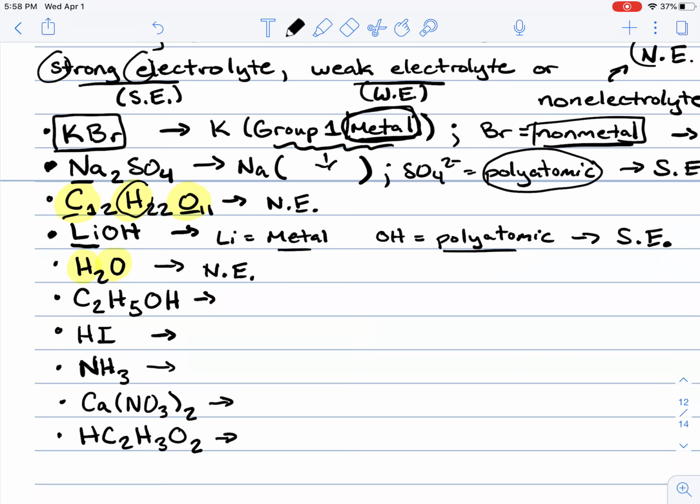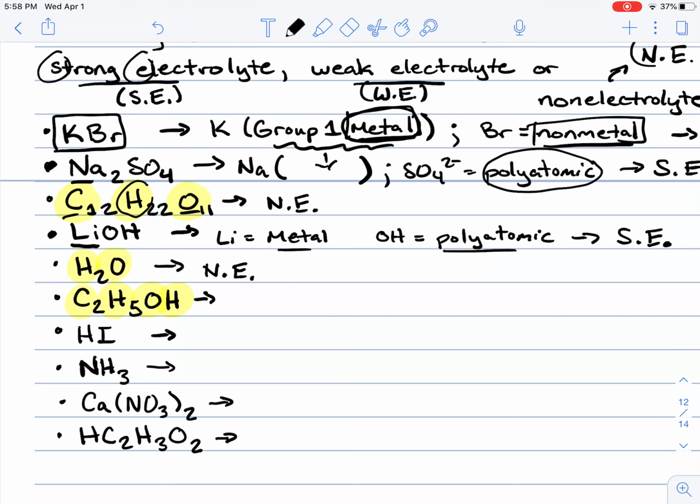All right, so let's look at the next example. Notice that there's carbon, there's hydrogen, there's oxygen, and then there's another hydrogen. So very similar to everything that I've highlighted above.